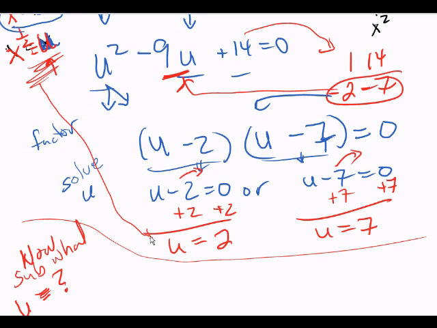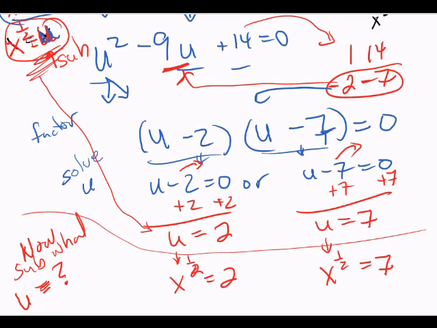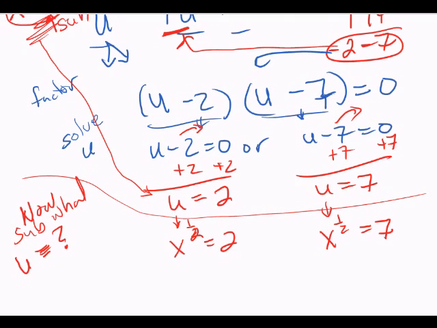So I'm going to bring it down and say u equals x to the 1/2 equals 2, and u equals x to the 1/2 equals 7. You see, I just changed the u. We substituted u for x to the 1/2.